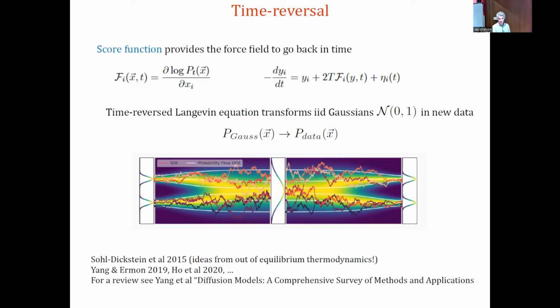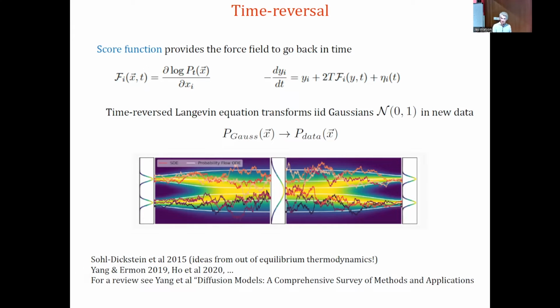So, this was done in 2015 and somehow remained silent until 2020, and then in 2020 it really picked up a lot, I think, because people learned how to learn the score. So in this paper they proposed the idea, but starting from 2020, they understood how to learn this score from data, and then they started to be used everywhere. For a nice review, you can see this review by Yang, which is, I think, 2022.